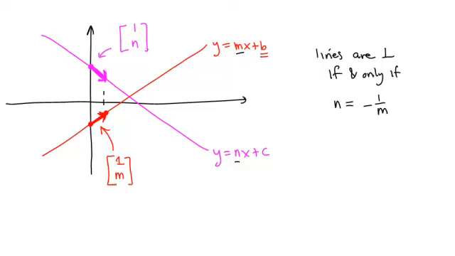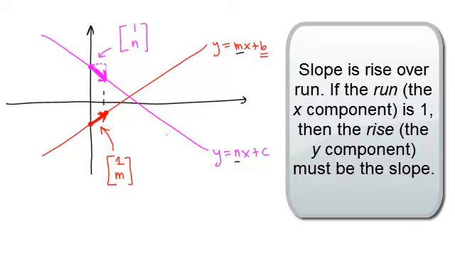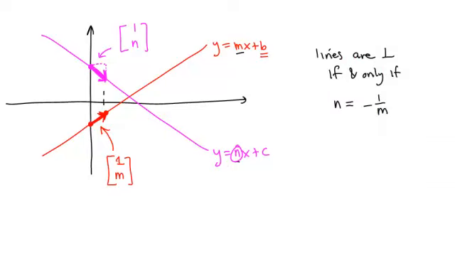Another way of thinking about that is, well, it went 1 unit over. How far does it drop down? Isn't that exactly what the slope is supposed to measure? How far you rise or fall when you move 1 unit over? So, two different ways to get to the same endpoint.